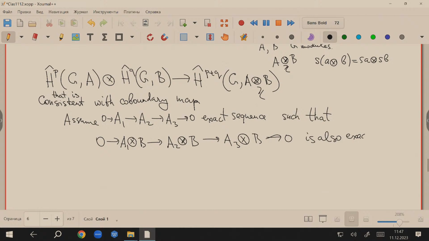This is the claim. Then you have the corresponding one for any A. But notice that this is more a claim about abelian groups than about G-modules, because the tensor product is always over Z. We do not care about the G-module structure. So somehow it is a claim about abelian groups.